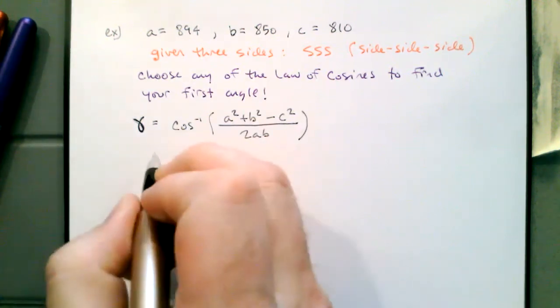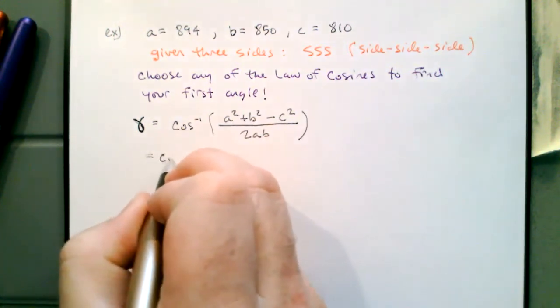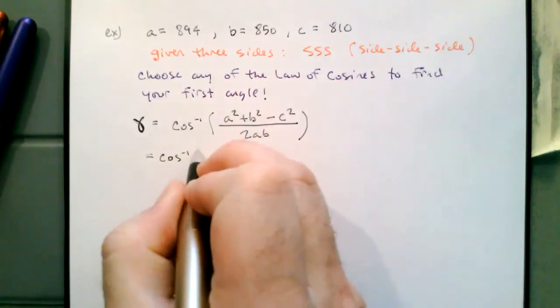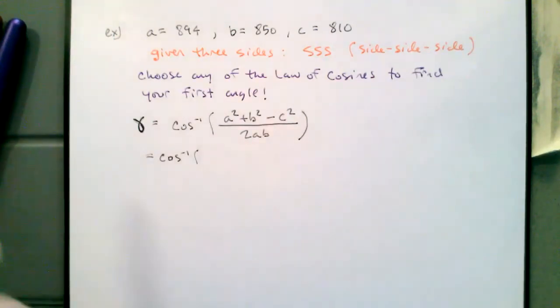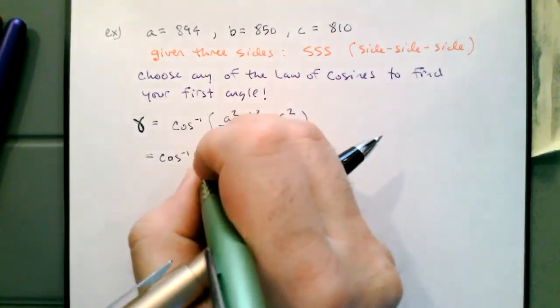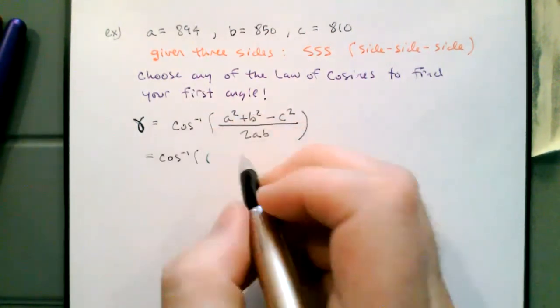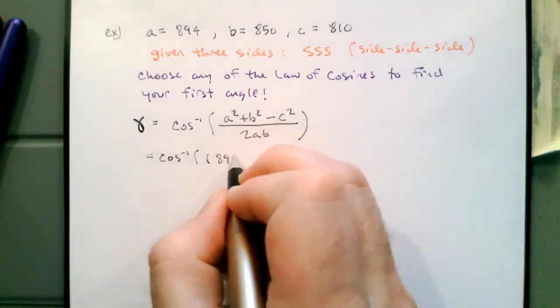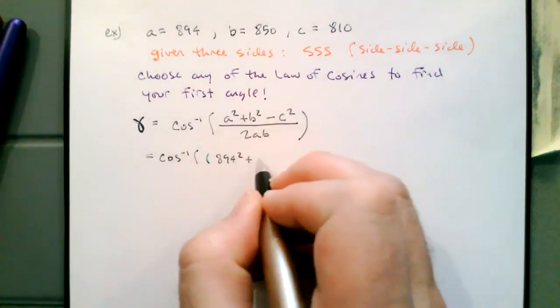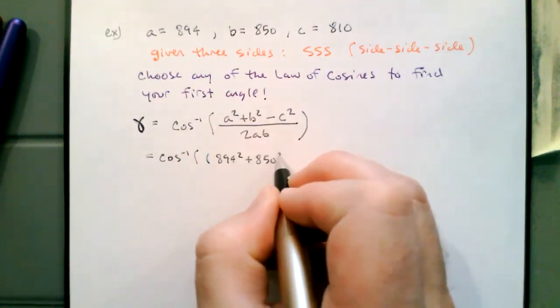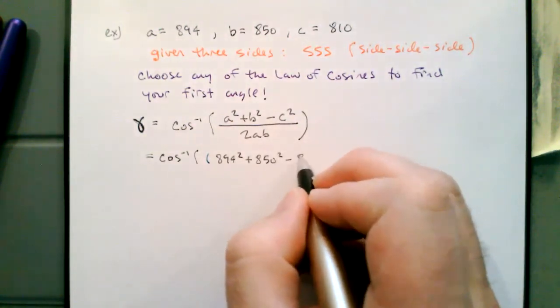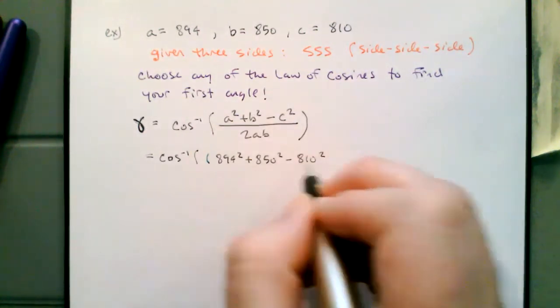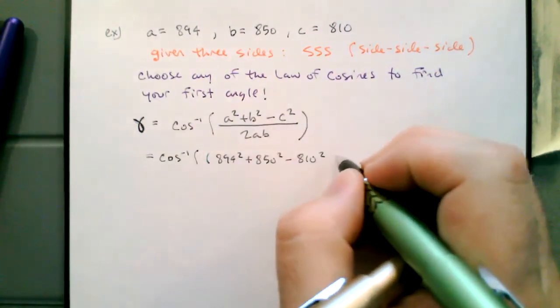So on our calculating machines, we'll just type cosine inverse. I'm going to open up parentheses for the numerator. And that's going to be 894 squared plus 850 squared minus the 810 squared. Not so on opposite ends now.